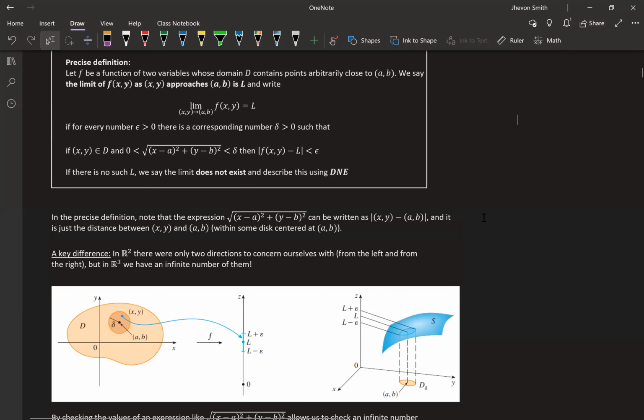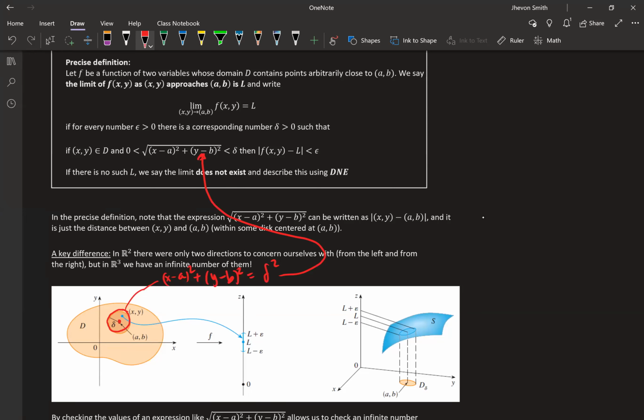So what does this mean? What does it mean for x comma y to get close to a comma b? Well, it means that if a comma b is the center of some circle, x comma y we say gets close to it if it gets within that circle. The radius of the circle is delta. So this is the circle where the equation is x minus a squared plus y minus b squared equals delta squared. And of course, you can square root both sides, and that's where that expression is coming from.